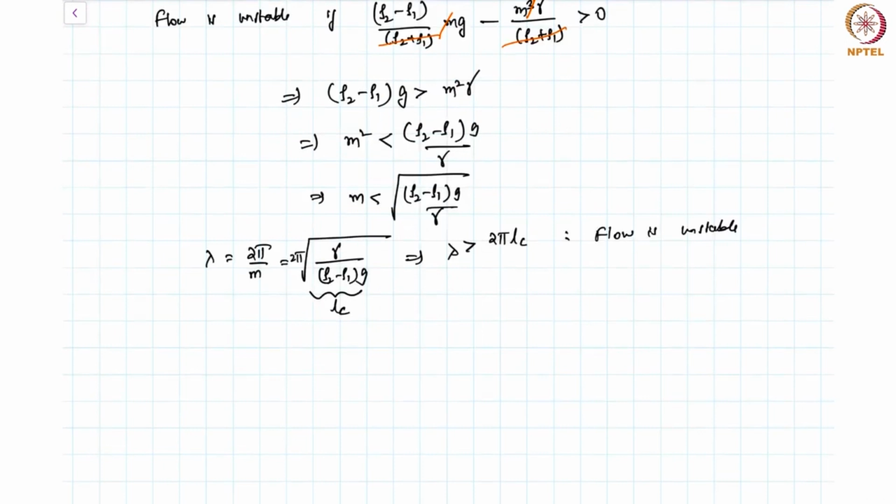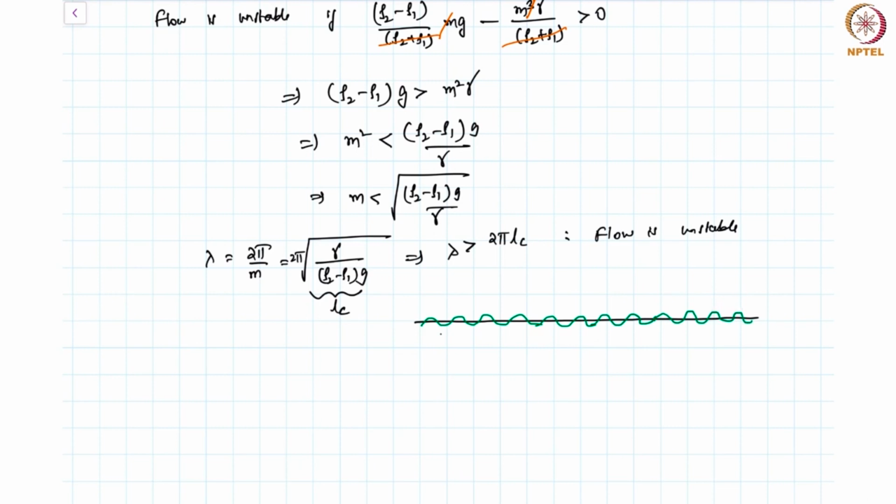So the idea is the following. Let's say we have a flat interface. You can create all kinds of perturbations on it. So let's say we create tiny perturbations on it. When you create a tiny perturbation, you are paying a very heavy price in terms of the surface area.